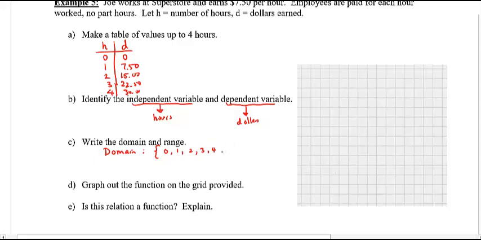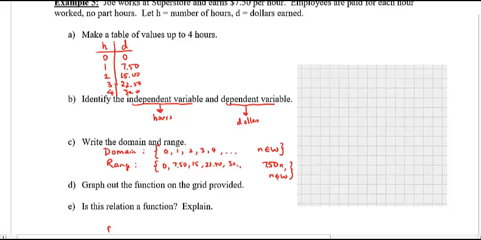Actually, it could be more, right? So I should go further, where, of course, n represents a whole number. My range, yeah, that's like every multiple of 7.50, or I'll say 7.50 times n, where of course n still has to be a whole number.